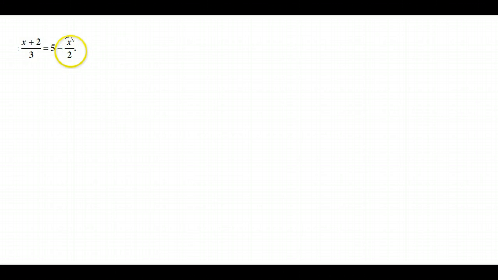So what we want to do is to try and get rid of these fractions if we can. If we can find a way to get rid of them, it'll be much better. The best way to get rid of them is to look at these denominators on these fractions and say, what's the lowest common denominator? The LCD. Another way of thinking of it is it's the lowest common multiple, and it just happens to be a denominator.